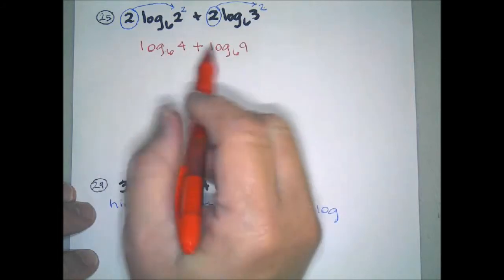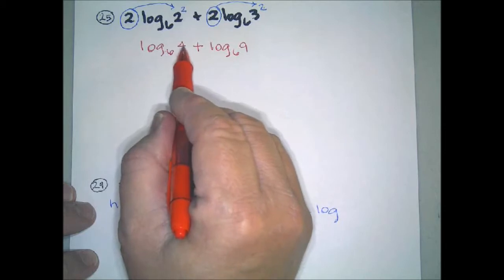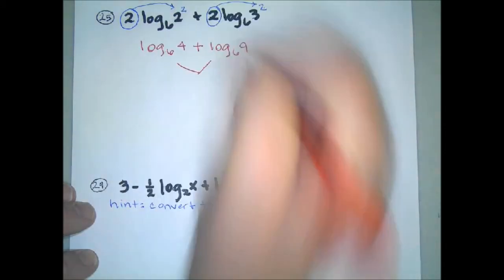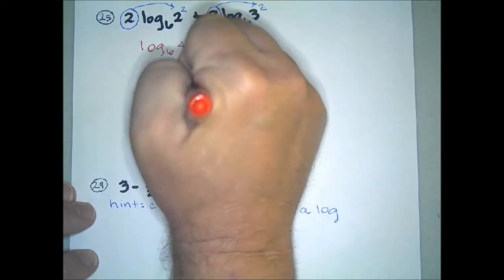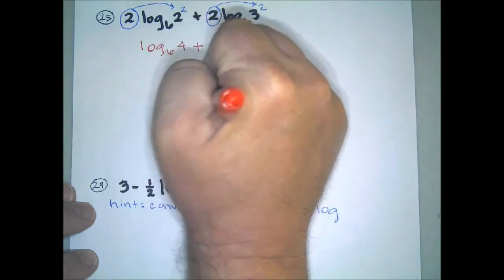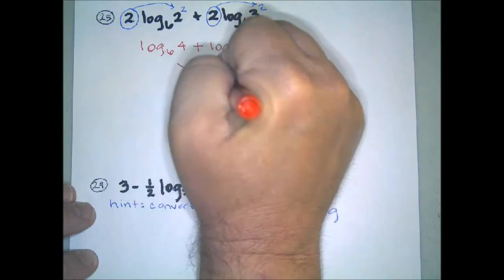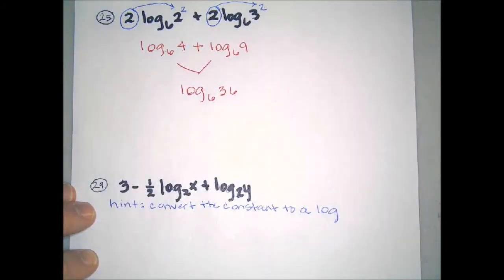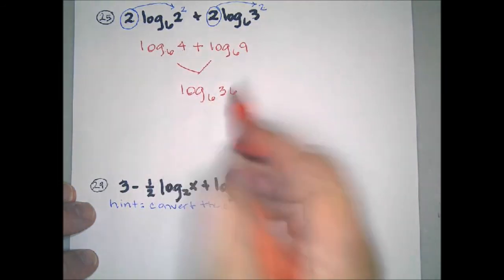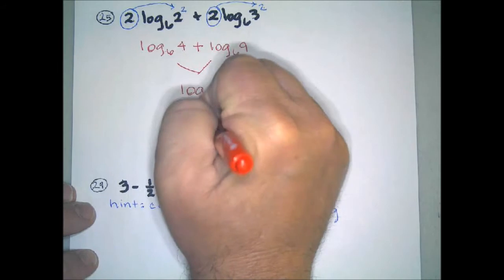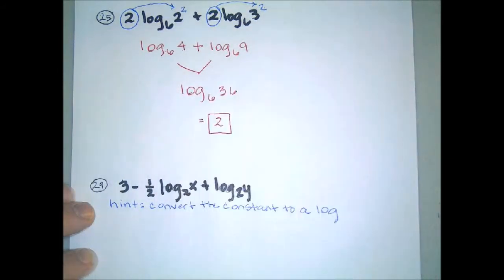So I'm going to wind up multiplying the 4 and the 9. If I condensed those 2 to a single log, it would be log base 6 of 4 times 9, which is 36. And the log base 6 of 36 simplifies down to the number 2, because 6 squared is 36.